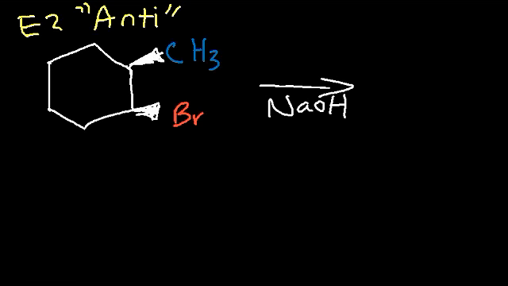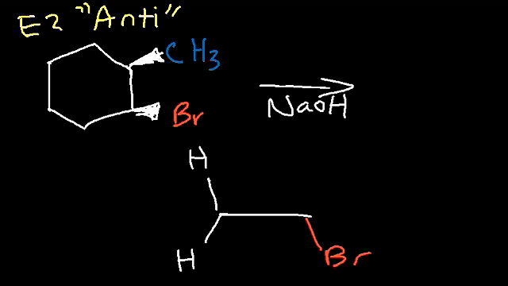Now, let's briefly talk about why it grabs the hydrogen that's anti to the bromine. So if the bromine is here, hydroxide is going to grab a hydrogen here. It's not going to grab the hydrogen over here. The reason being is hydroxide has a negative charge and bromine has a partial negative charge.